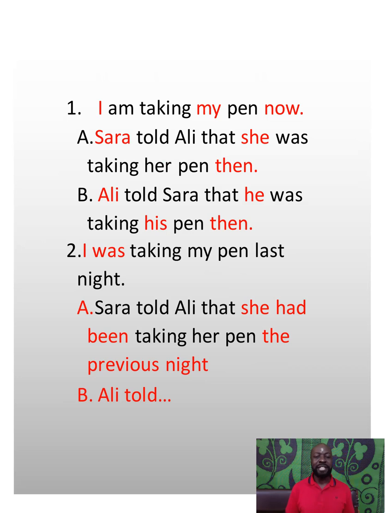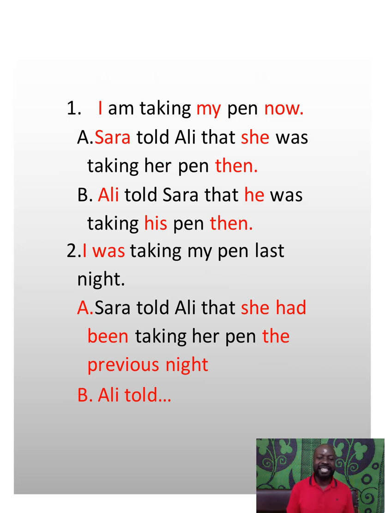Don't confuse had been with past perfect. I took, had taken. Had taken, this one was, had been. My changes to her. Why? Because Sarah is a woman.